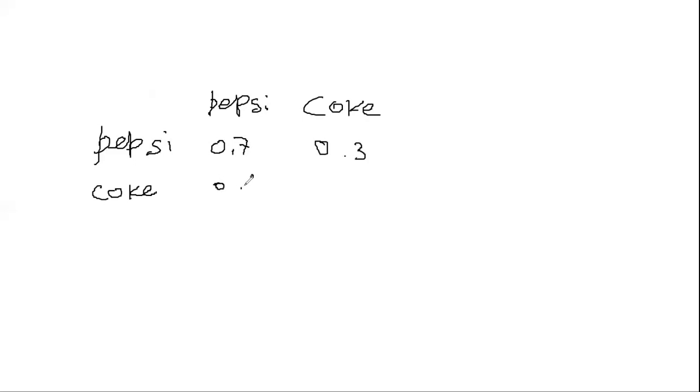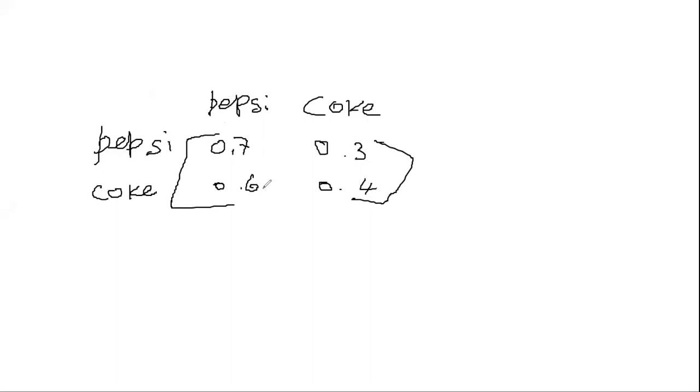Pepsi. 0.7. 0.6. 0.5. Okay. This is a transition probability matrix.